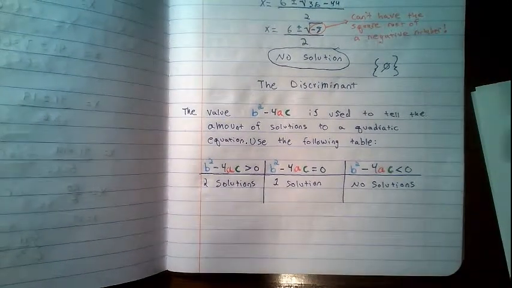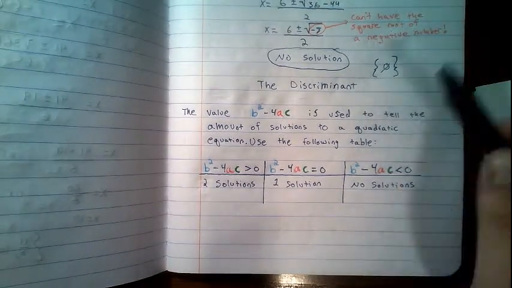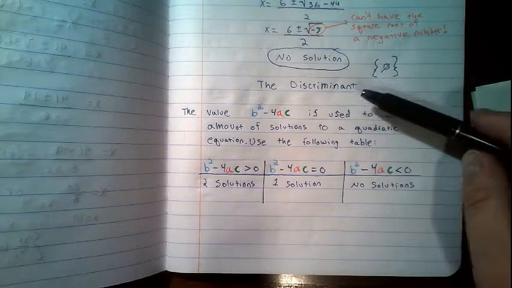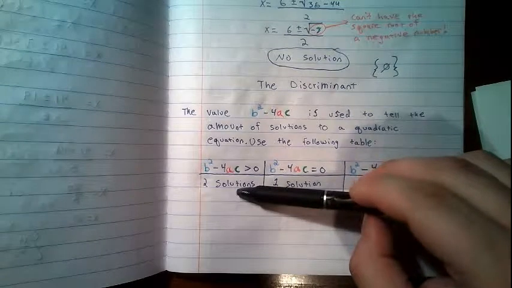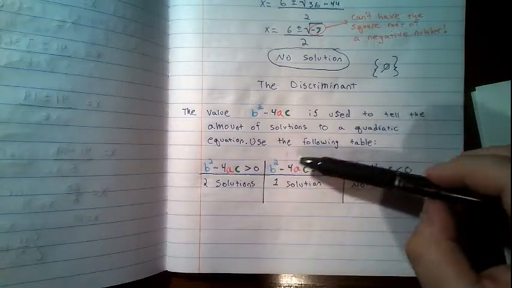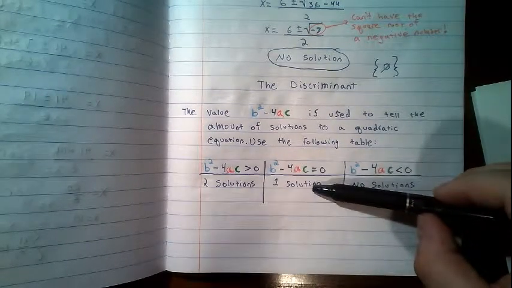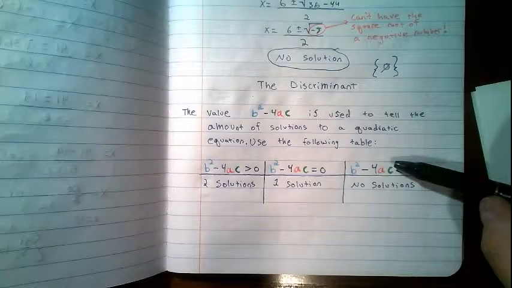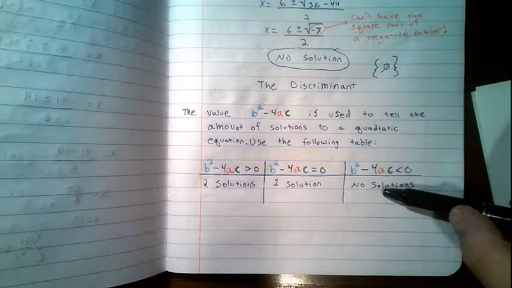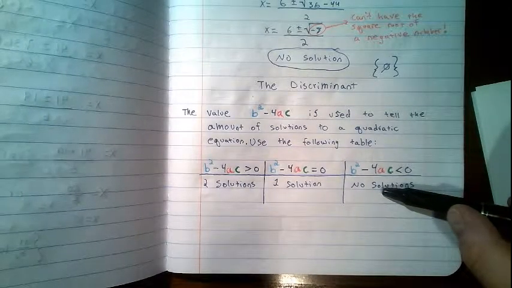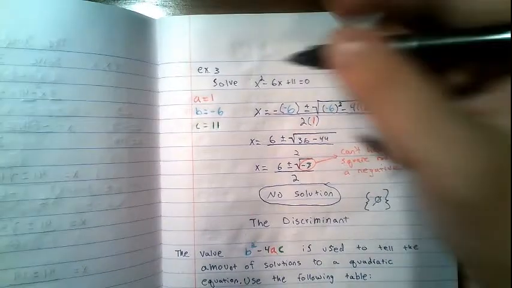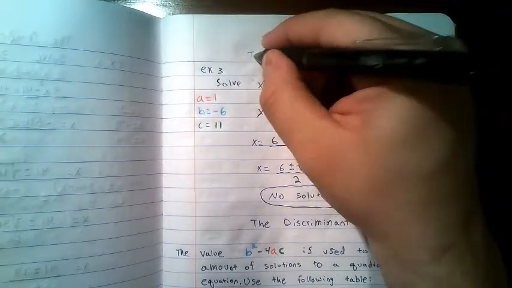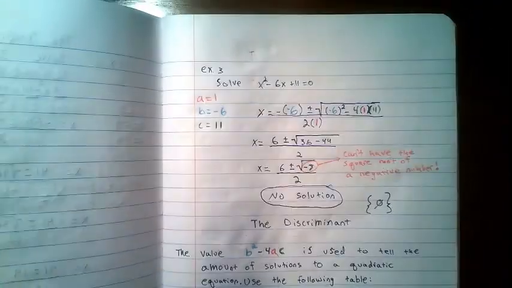So I want you to put this into your book as the very last key idea, the discriminant. If that value is greater than 0, then there are two solutions. If it is equal to 0, there's one solution, and if it is less than 0, there are no solutions. So the title of this page, instead of being the quadratic formula, we're going to title it the discriminant.